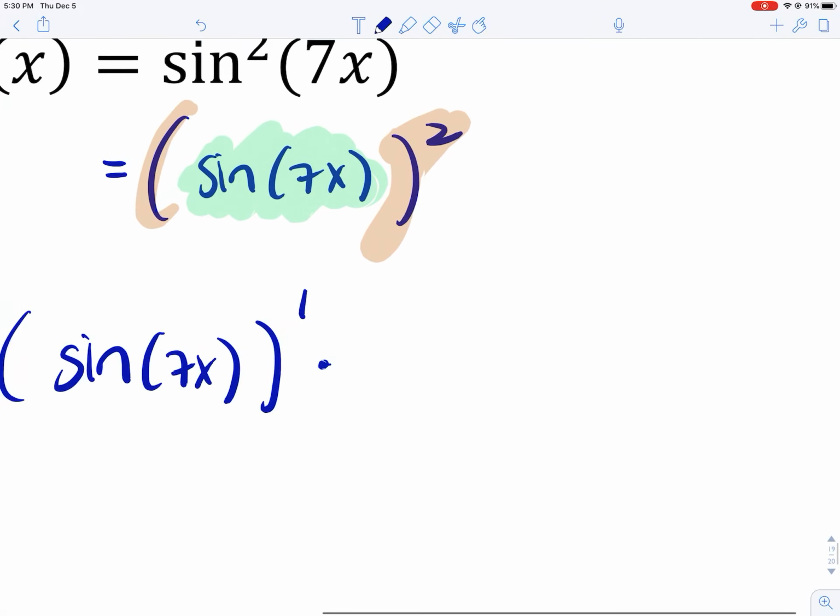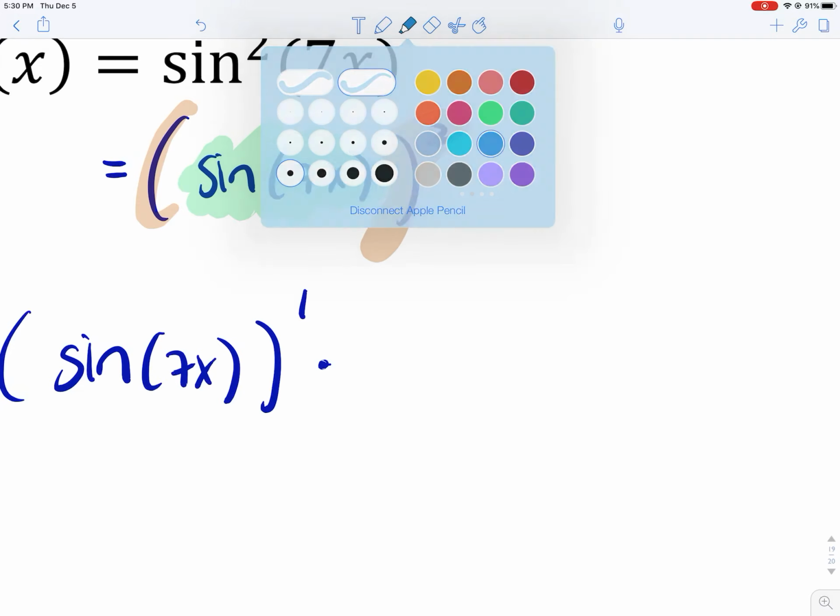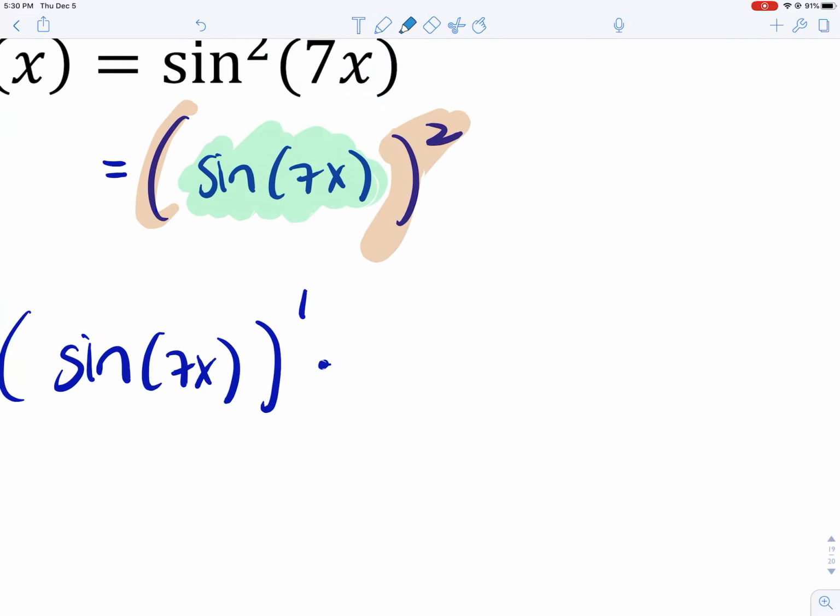Well, now here's where we have to apply chain rule again, because for finding the derivative of sine of 7x, we can think about sine as being the outside function and the 7x as being the inside. So the derivative of sine is going to be cosine.